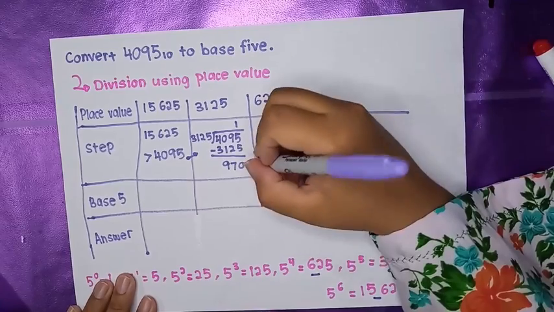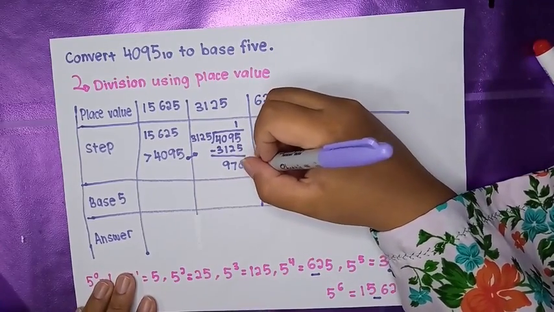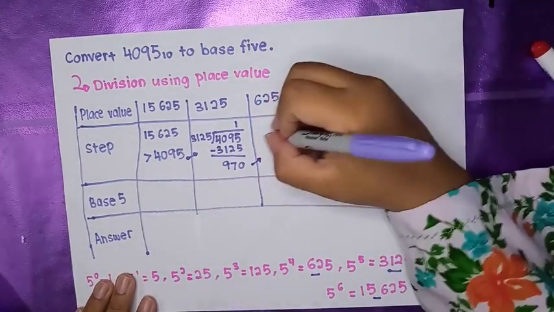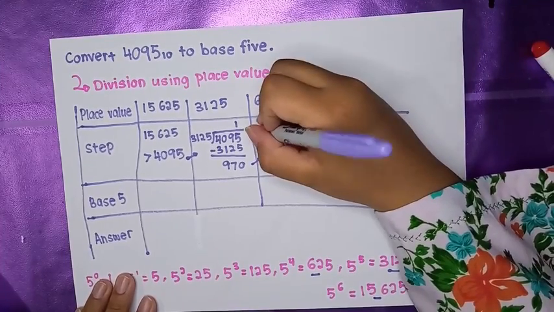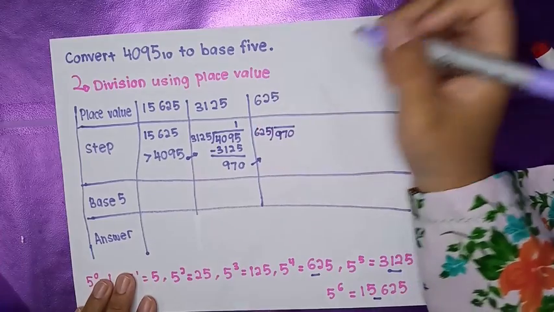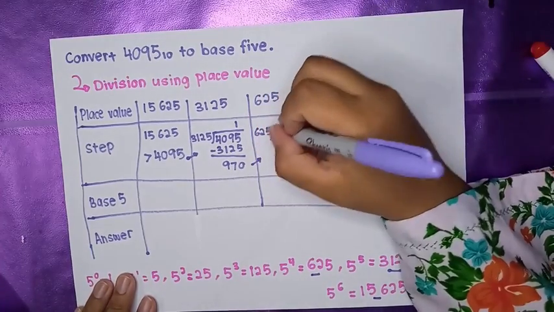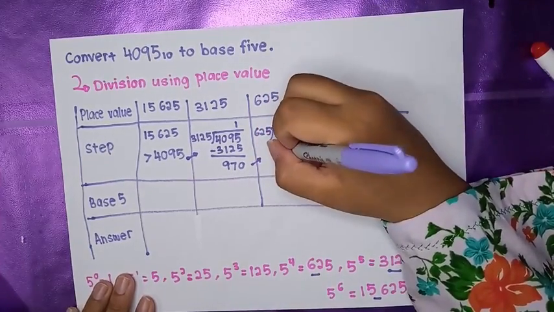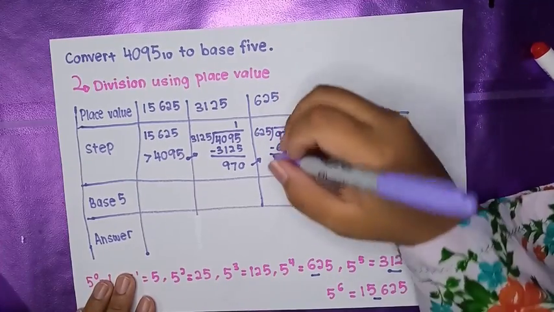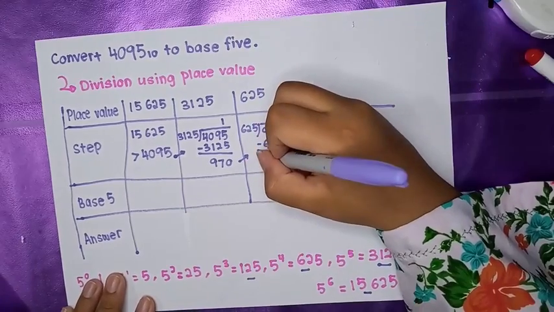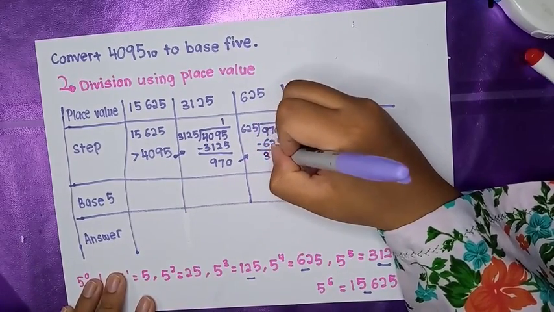And then we close, and then we write for the next place value, which is 625. We bring this 970 to the next box. 970 divide by 625. We divide as usual. 625 times 1. 970 minus 625, and we get the balance 345.